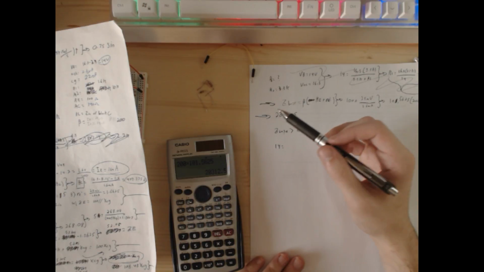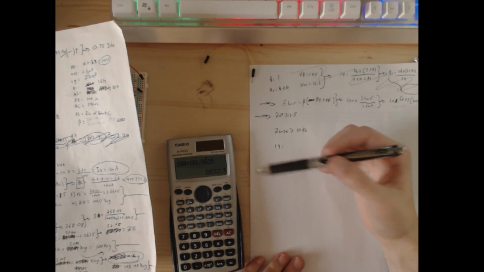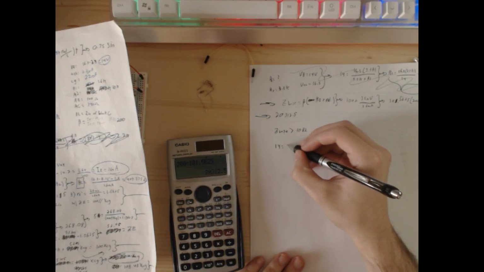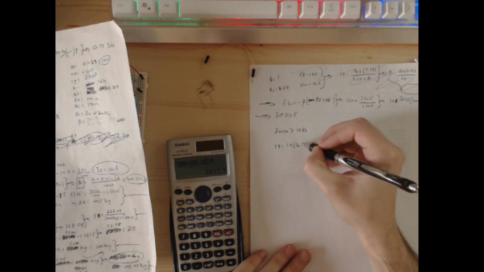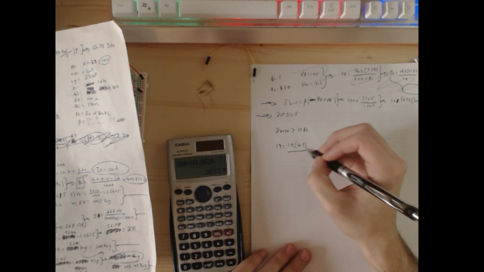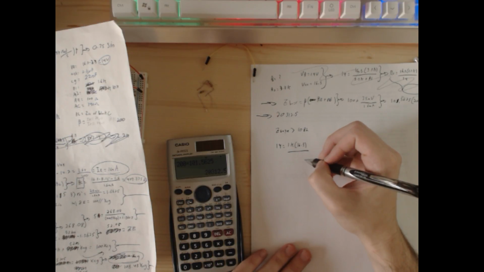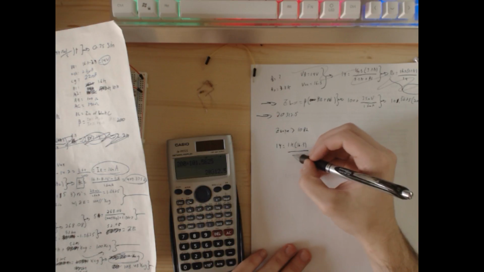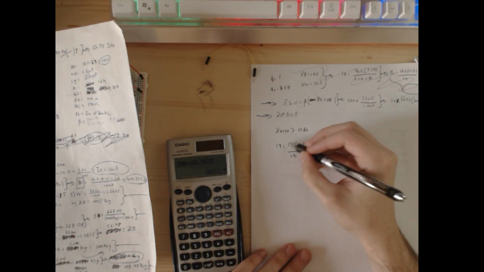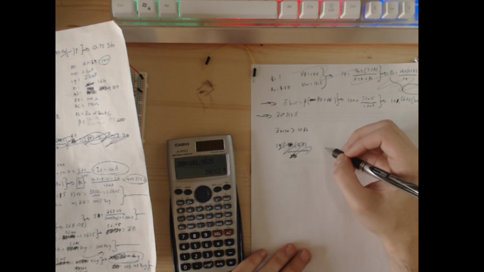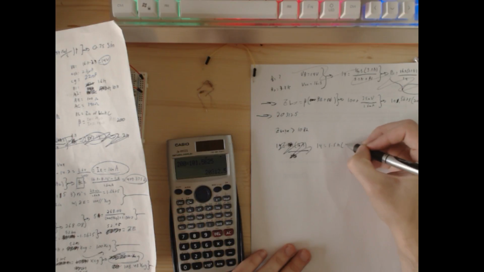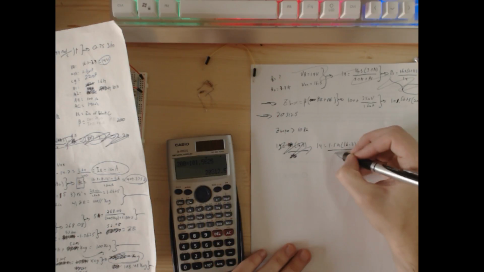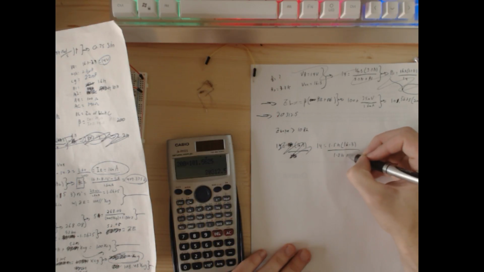So 10 times 5 won't, 10 times 1K, we do 1K multiplied by 16.3 divided by 1K. Actually, let's do it 1.5. So 14 is equal to 1.5K times 16.3 divided by 1.5K plus R1.